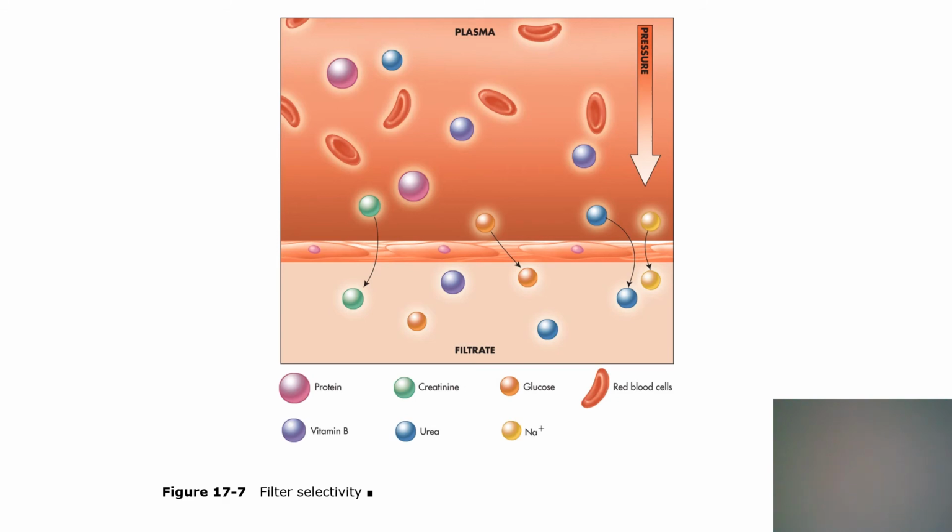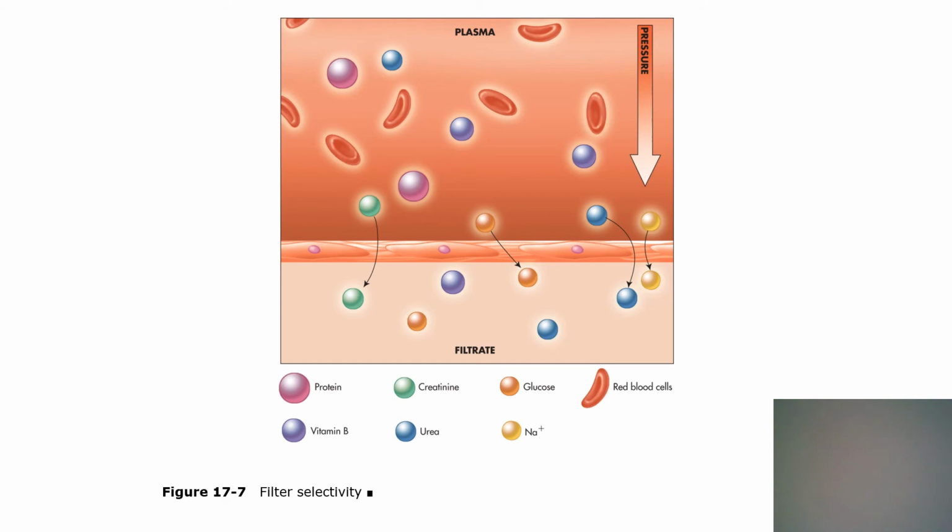And let's see, we have sodium, glucose. Looks like we have a little bit of glucose there. Again, that can go back into our filtrate, go back to the body as well.